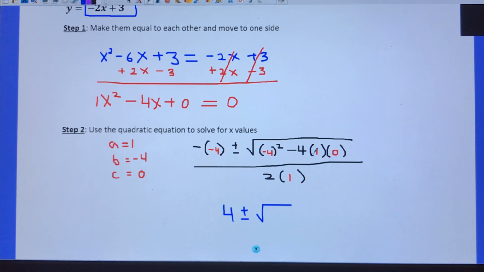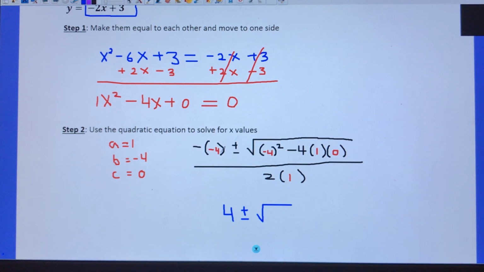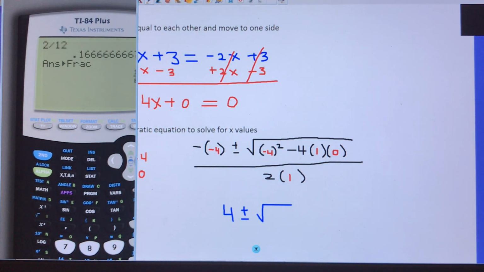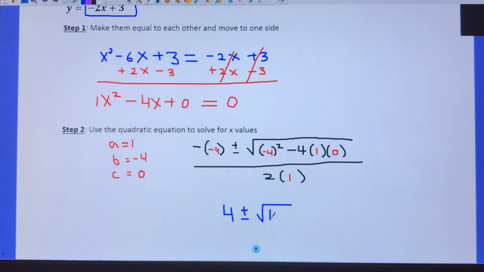I'm going to put this in the calculator. I'm going to put parentheses negative 4 squared minus, not negative, minus 4 parentheses 1 parentheses 0, and that number is going to give me 16. So it gives me 4 plus or minus the square root of 16 over 2.